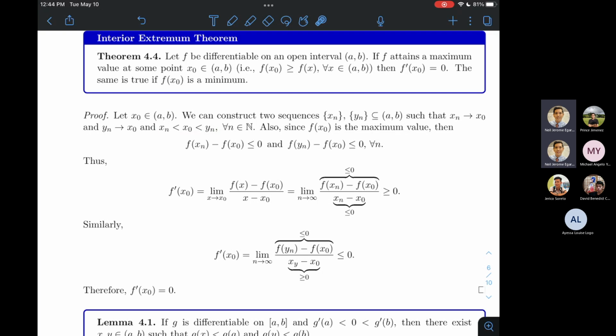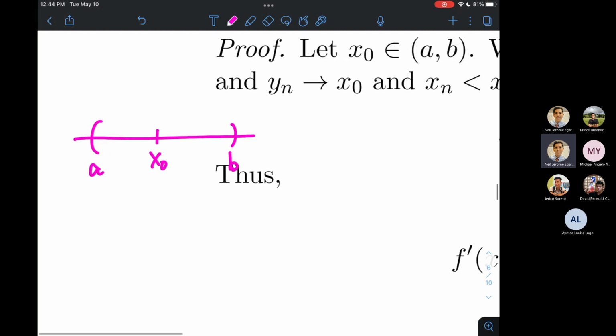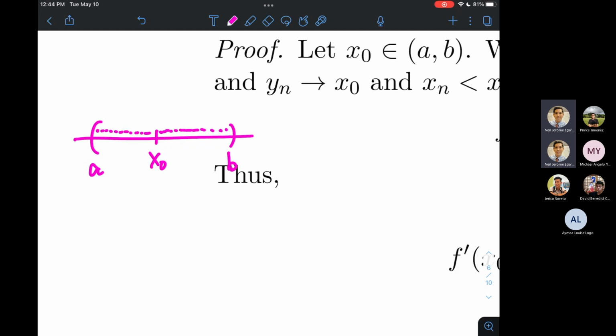Well, this is possible kasi nga si x sub 0 ay element ng open interval AB. So, kayang-kaya nating magbuo ng isang sequence ng mga elements ng open interval AB na nanggagaling sa kaliwa ni x sub 0 at nanggagaling sa kanan ni x sub 0 na parehas nagko-converge kay x sub 0.